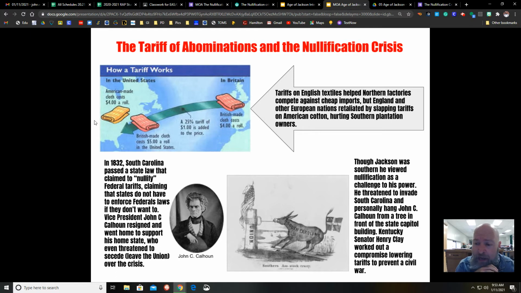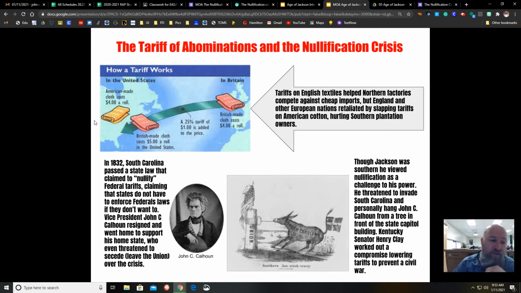So in the 1820s, that meant farm goods, particularly cotton and tobacco. Cotton and tobacco were produced mostly in the South. So the tariff of 1828 helped northern factories, but it really hurt southern planters.